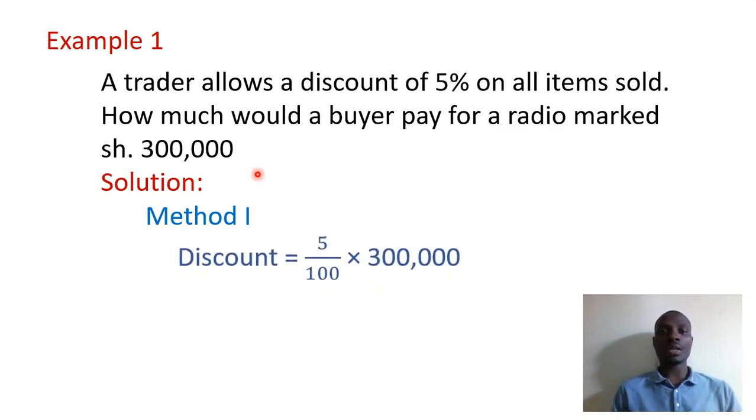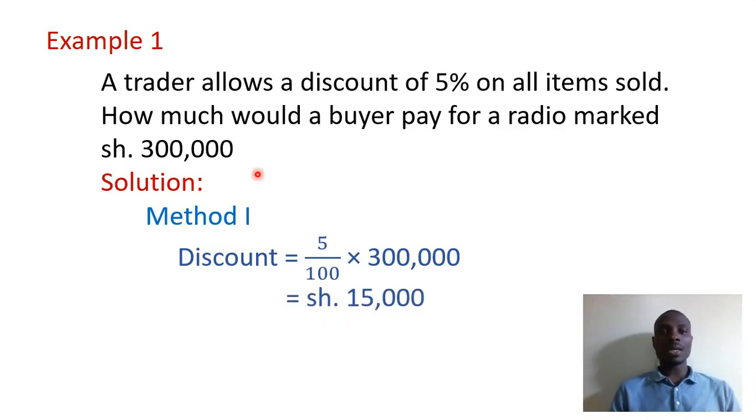Using our calculator, we can work this out very fast. 5 divided by 100 times 300,000, and that is giving us 15,000 shillings. So that's the discount.